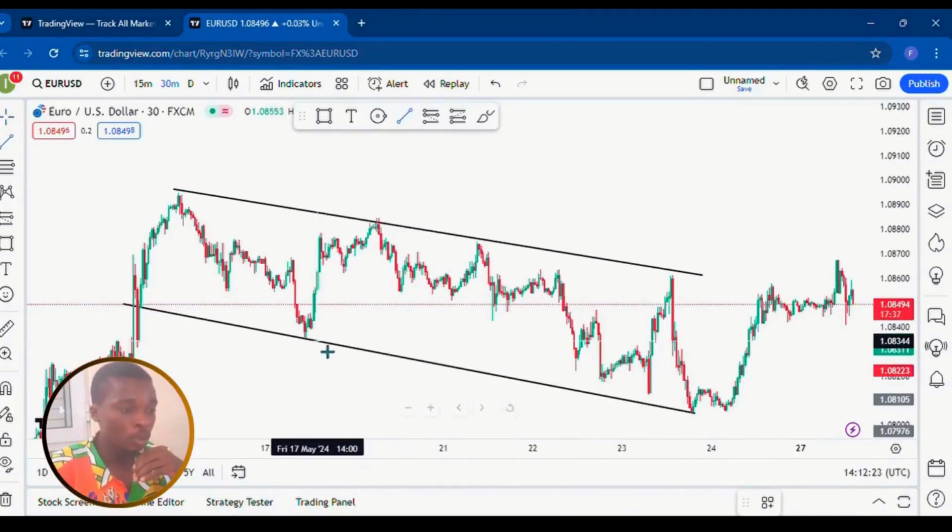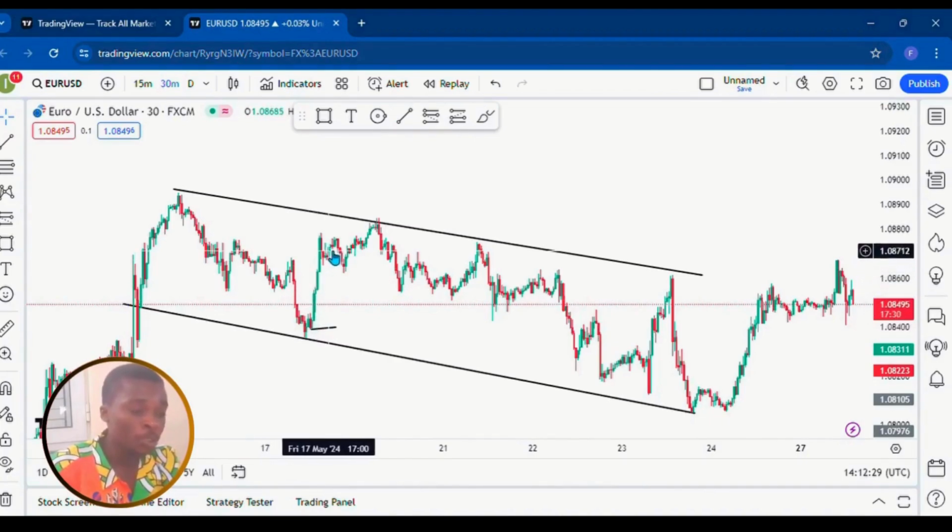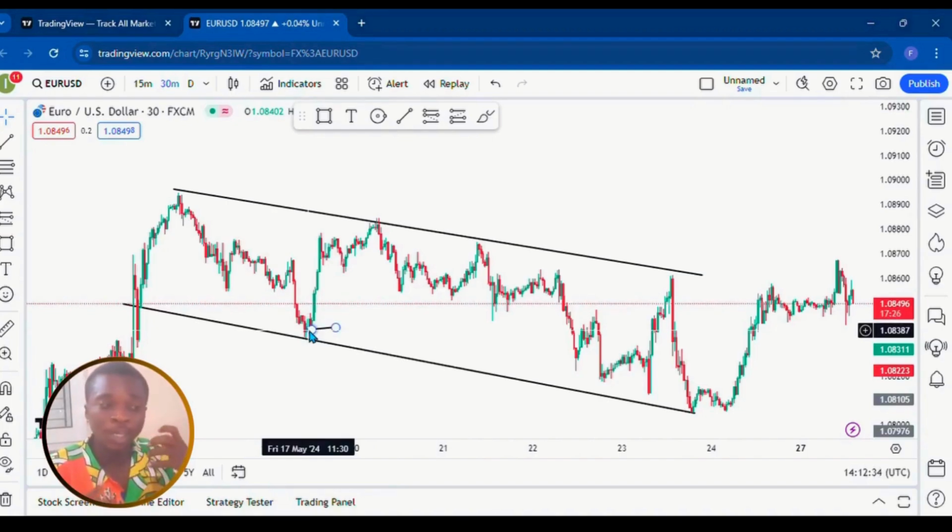Now, let's say at this zone you're seeing right here, you can see there's a lot of demand at this zone, which pushes price to the upside. So buyers are entering much at this specific point, which is pushing price to head to the upside. So that is what a demand zone means.